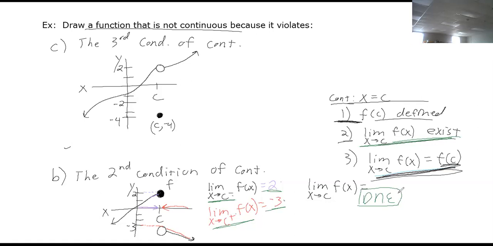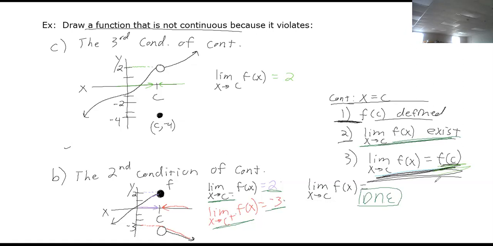And let's look back at this condition, okay? What is the limit as x approaches c of f of x? As x values approach c from the left and from the right, it looks like your function value is getting closer to 2. So I'm going to make a guess that this is equal to 2. How about the function value at c?